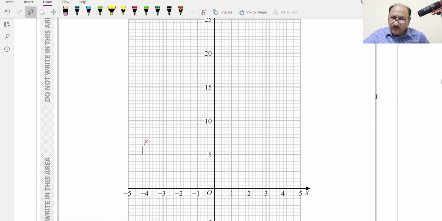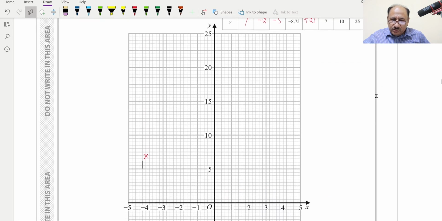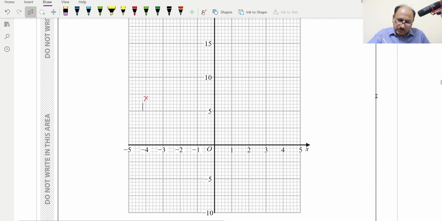Now the second value is what? Minus 2 and minus 2. So minus 2 and minus 2 is this point. No, this is minus 2 and plus 2, basically we'll have to draw over here. So this will be the minus 2 point over here.